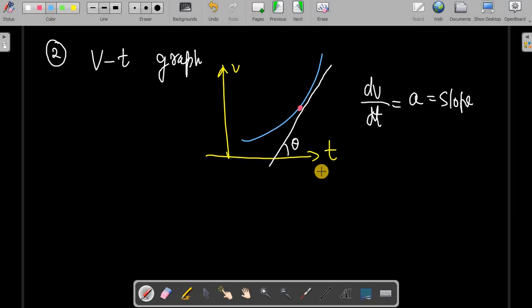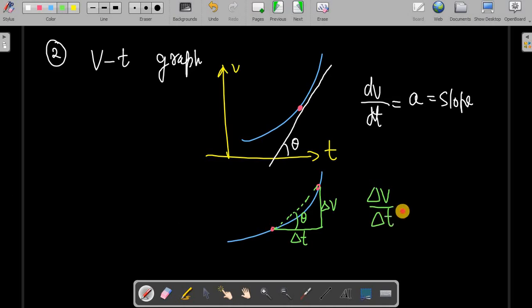Similarly, if you take the slope of the secant, that means 2 different points, you can see this is delta t and this is delta v. When you join these 2 points, it will be, instead of dv, delta v by delta t. That is the average acceleration.